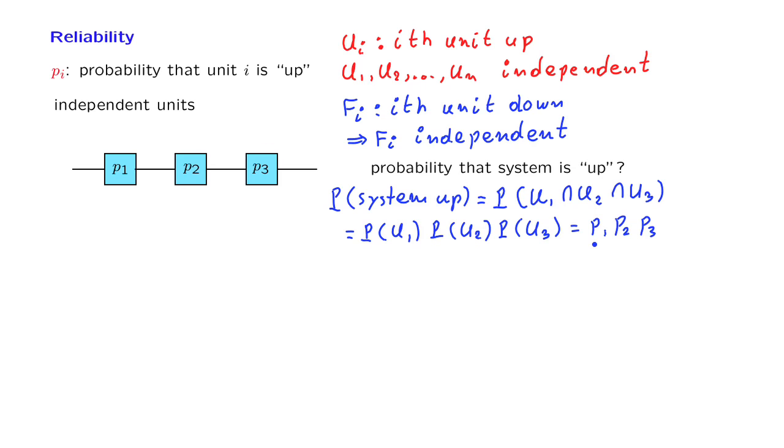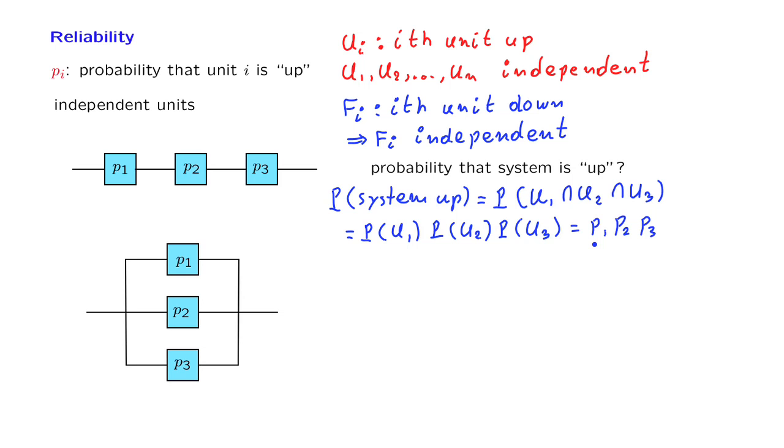Now let us consider a different system. In this system, we will say that the system is up, again, if there exists a path from the left to the right that consists of units that are up. In this particular case, the system will be up as long as at least one of those three components is up.